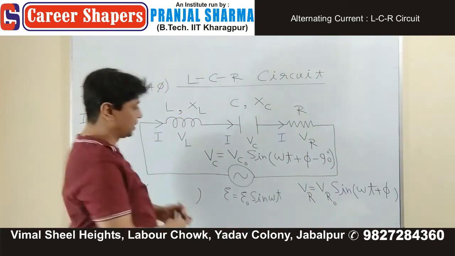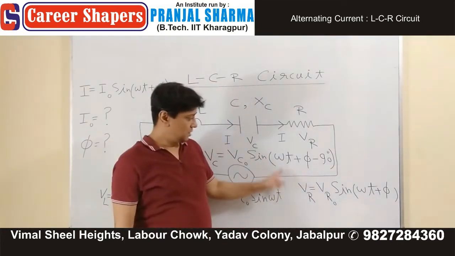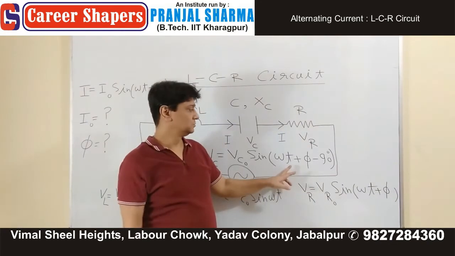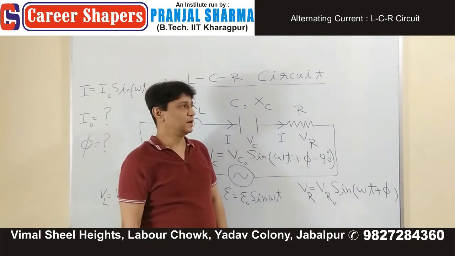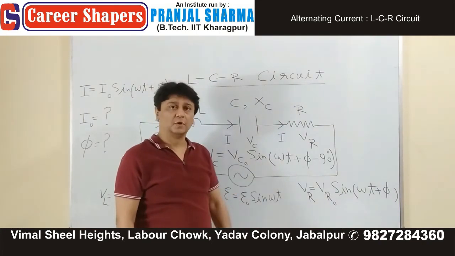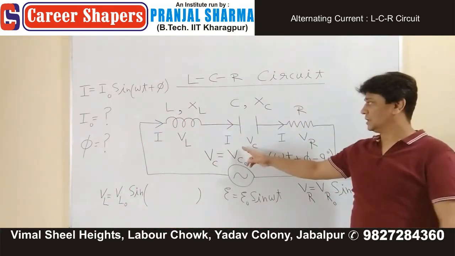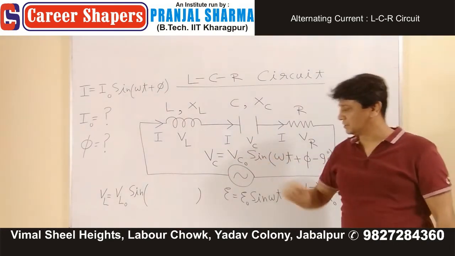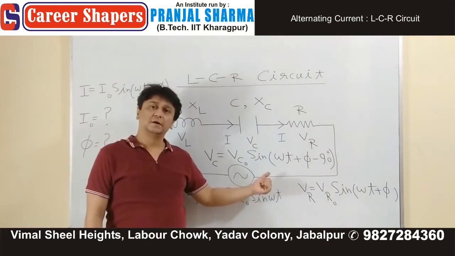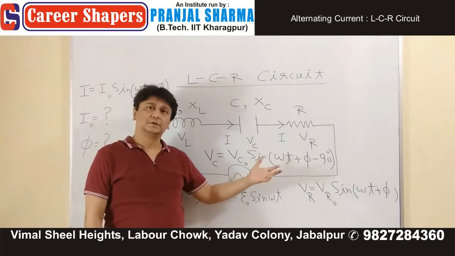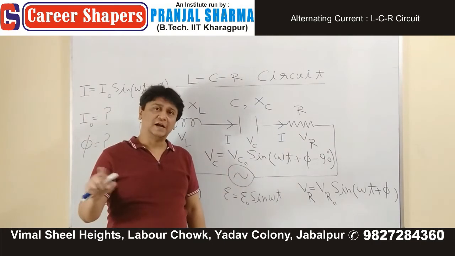But first write down the reason behind this, the way you wrote the reason for this. For this minus 90, write down the reason. When a capacitor is present in an alternating circuit, and this is also the revision, you can expect questions in this form. When a capacitor is present in an alternating circuit, current leads potential difference by 90 degrees.